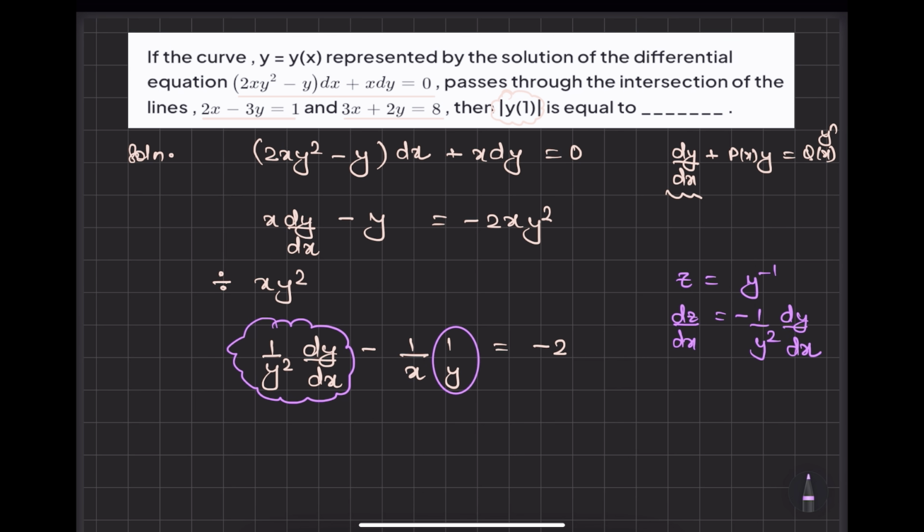Now let's update. So we have minus dz by dx, and then minus 1 by x z, and then minus 2.